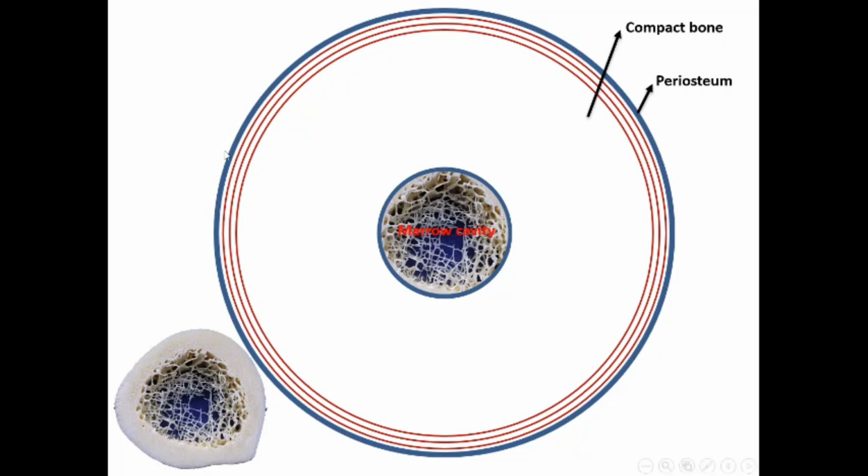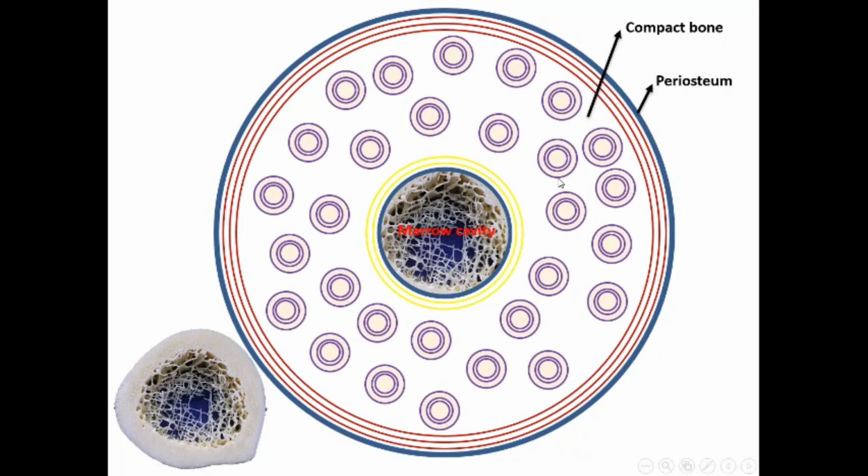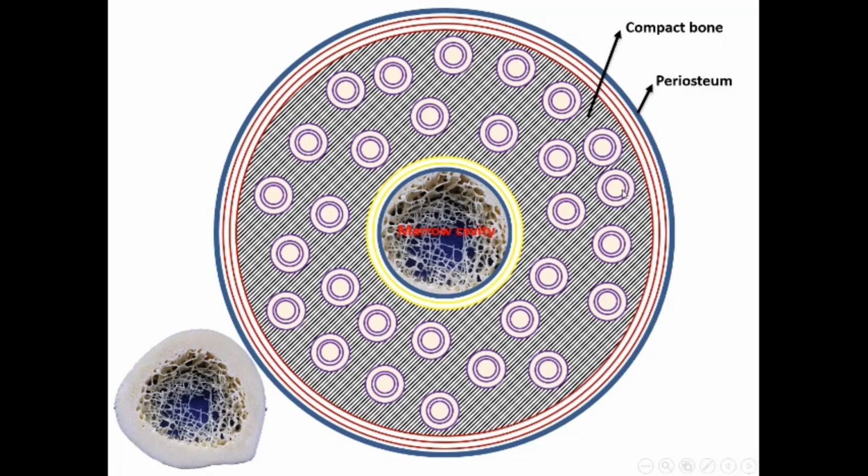The first one, you can see, is immediately under the periosteum, and around the marrow cavity. Some of them are around the blood vessel and make Haversian systems, and the other lamellae, especially irregular lamellae, fill the spaces between the Haversian systems.